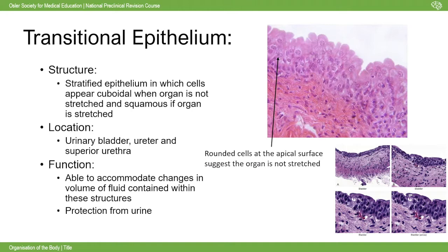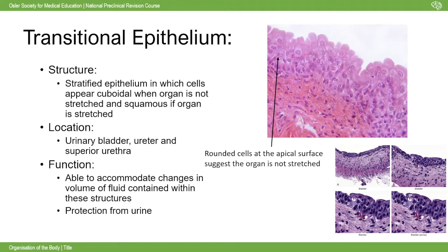Looking next at transitional epithelium, you can see in the diagram on the furthest right that we have a comparison of the epithelia when stretched versus when not stretched. So this is what I was mentioning with the urothelium, with the epithelia being able to accommodate a change in volume of liquid through changing cell shape.